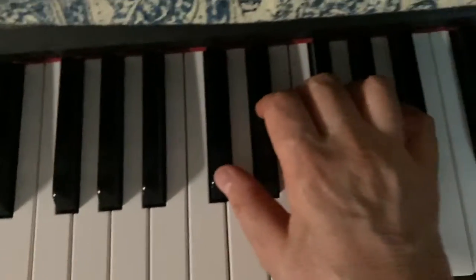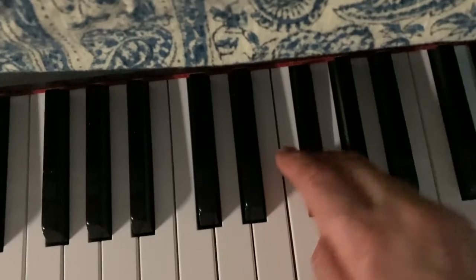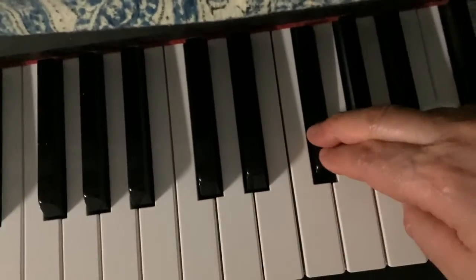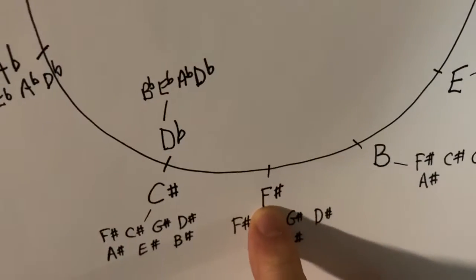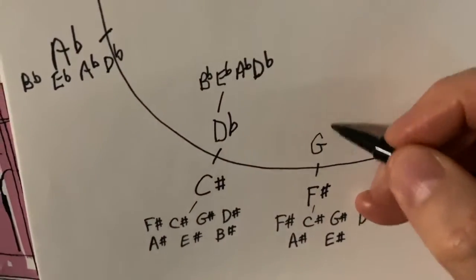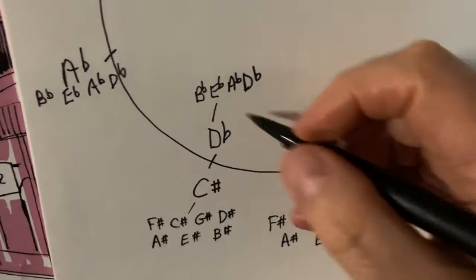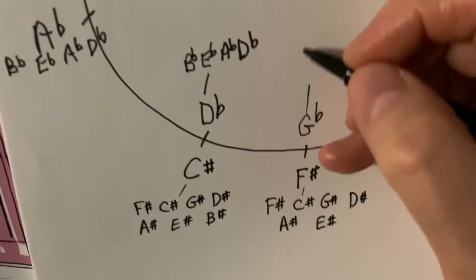From D flat up a fourth, perfect fourth, is what flat? We see F sharp, also called G flat. There's the F sharp, or G flat. Take the previous flats.